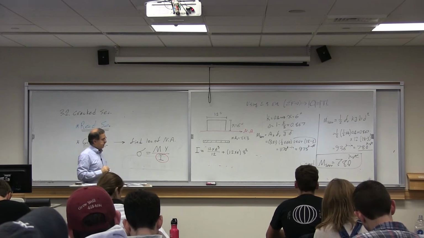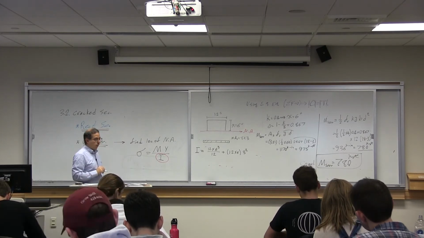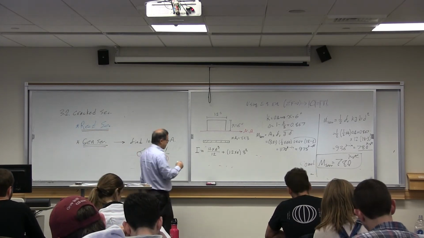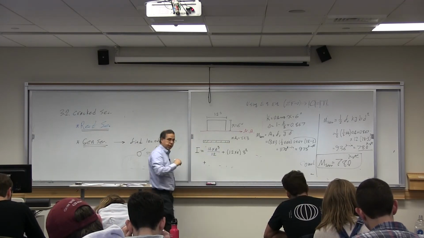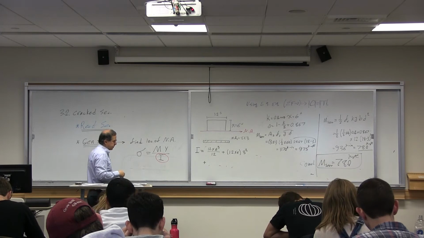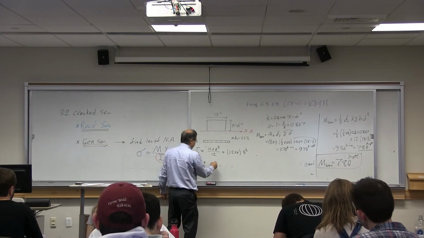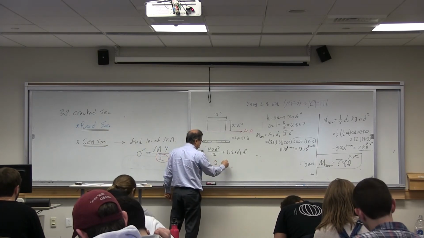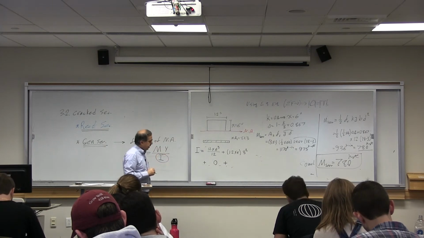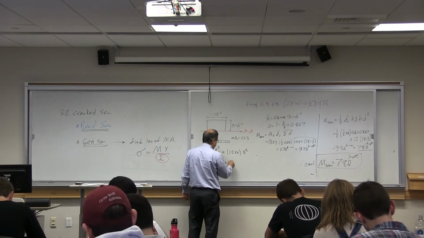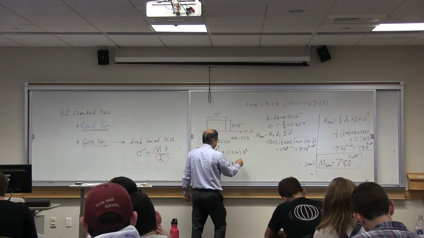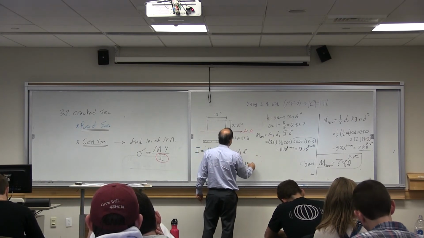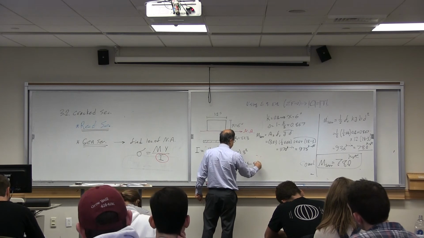That's area times distance squared, plus the moment of inertia of rebars with respect to its own centroid. We said we neglect that part, plus area distance squared. 8 times 3 times 15 minus 6 squared.